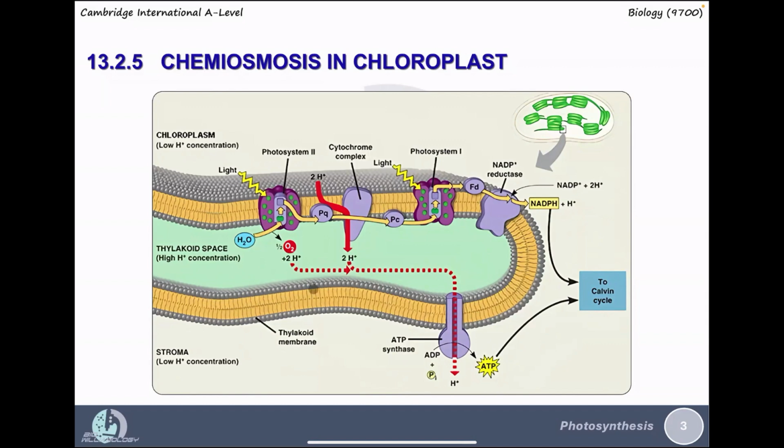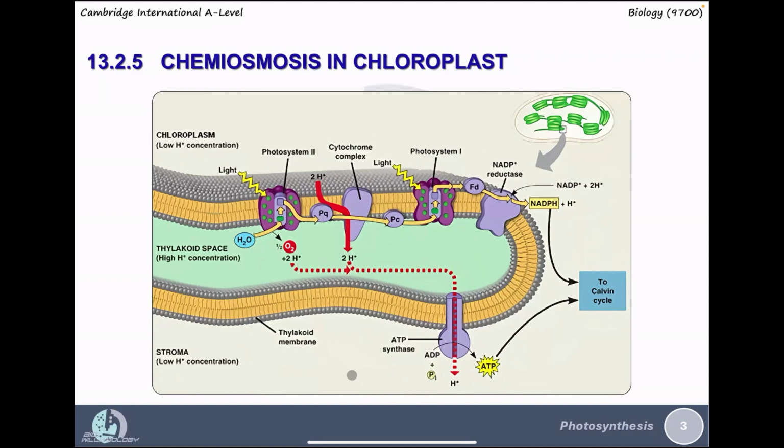The only way for protons to move from the thylakoid space back to the chloroplast stroma is to pass through the proton channel, which is associated with ATP synthase. So when protons move from the thylakoid space back to the chloroplast stroma by facilitated diffusion, energy is released.